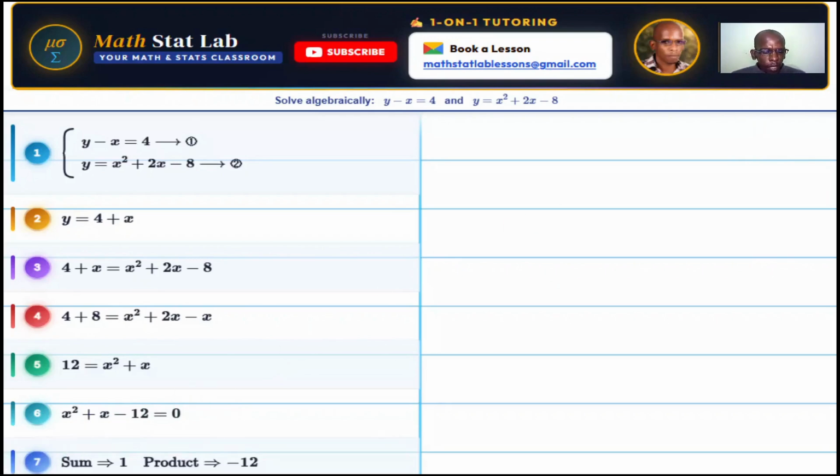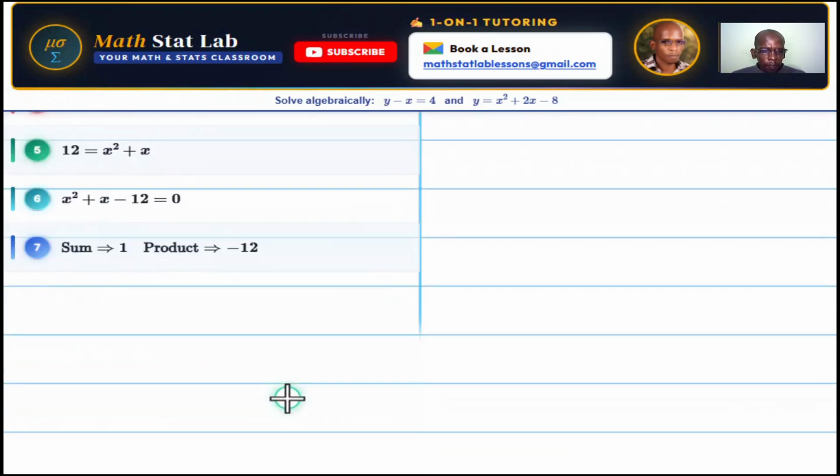So the sum of those two numbers should be 1, and their product should be negative 12. So which are those two numbers? If you come to think of it, you realize that if I take negative 3 and 4, then negative 3 plus 4 is 1, which is our sum. Then negative 3 multiplied by 4 is negative 12, which is our product.